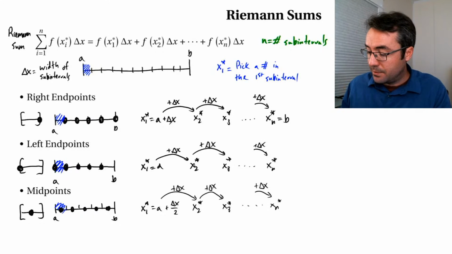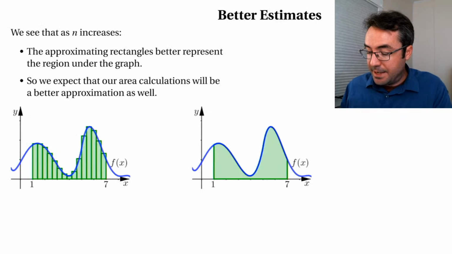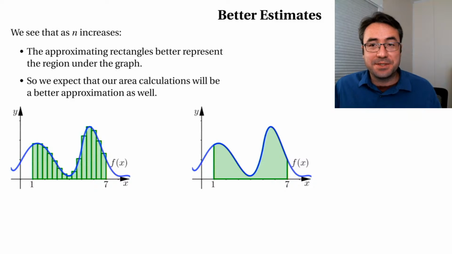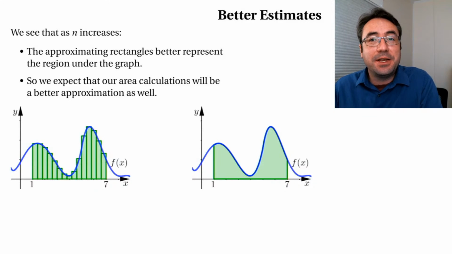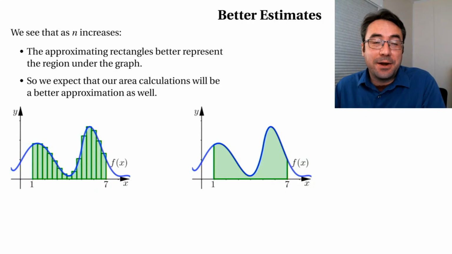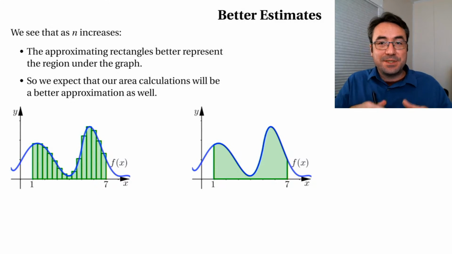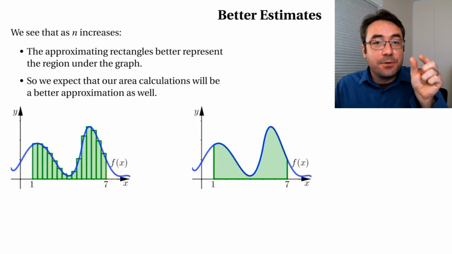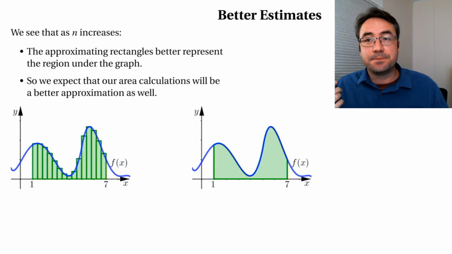And that's the whole goal with this: if we're only using 3 rectangles, it's not going to be a very good approximation. And so to get a better approximation, we want to slice our interval up into smaller and smaller subintervals. We want to use more subintervals. They're just going to have smaller widths.